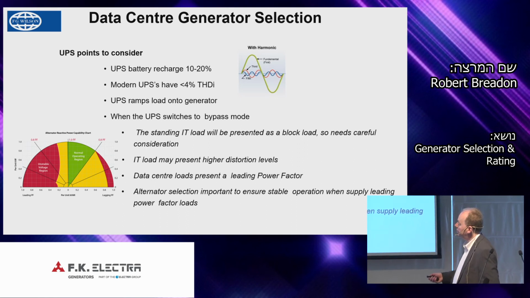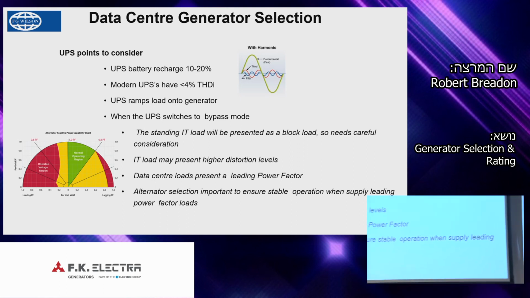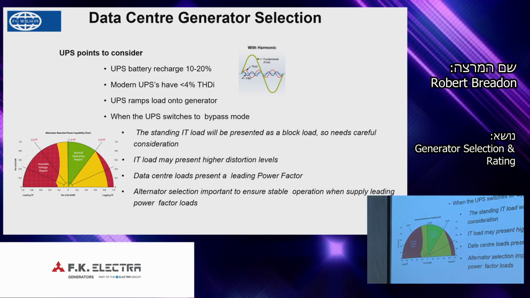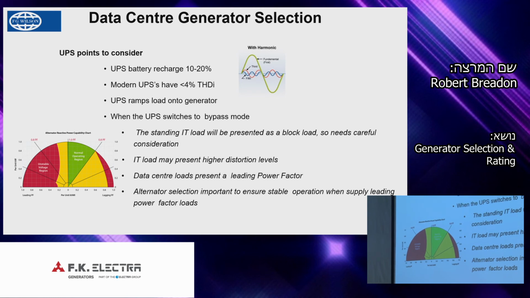Now, gensets have what they call a capability curve. This is where the genset likes to operate, lagging from unity power factor to 0.8. As you can see, that's quite an easy area for it to operate.